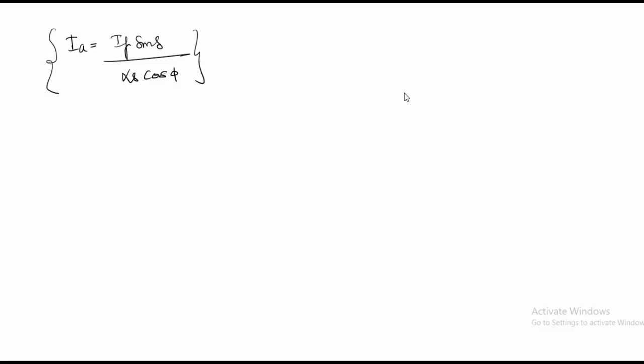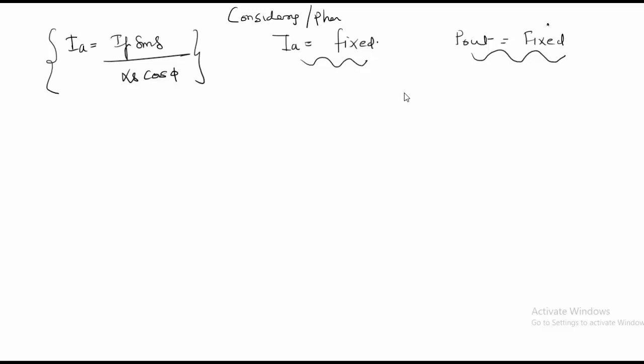What I want to show here is that my IA is fixed, I'm not varying my IA, and my P output is fixed, I'm not varying my P output. This is per phase, and I am considering phase A here.